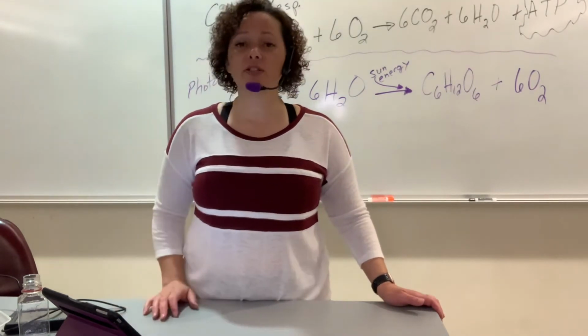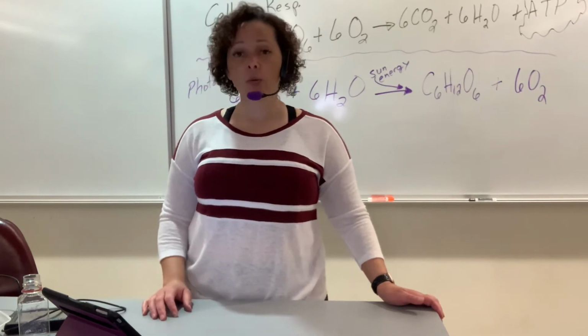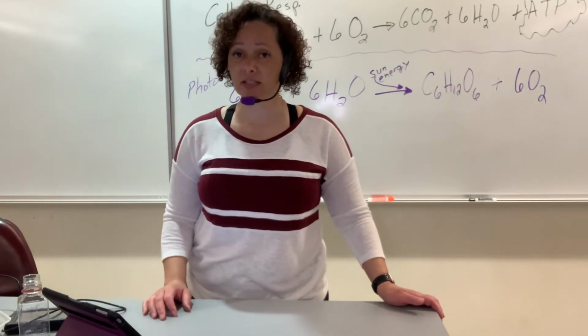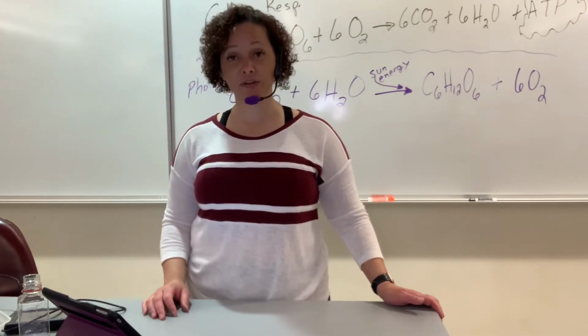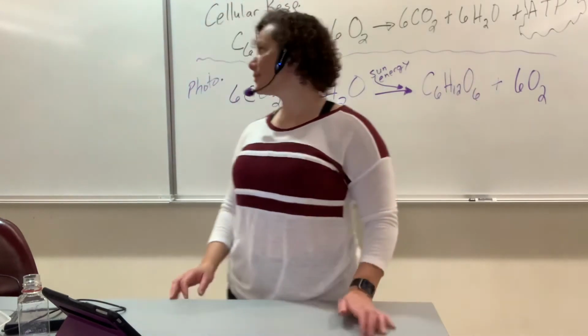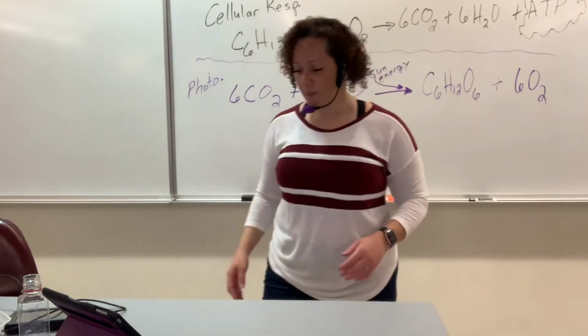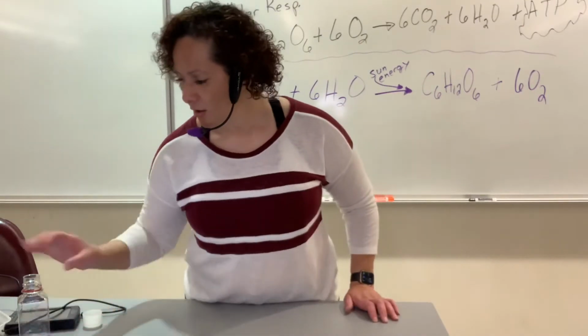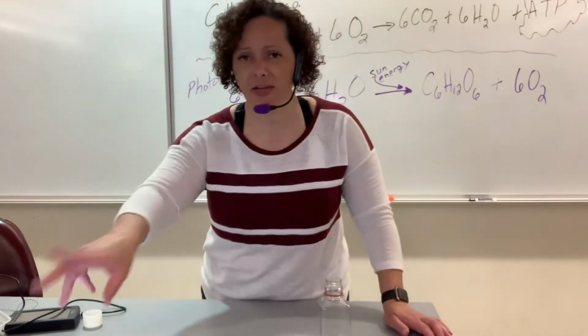Now, we're going to go ahead and expose our organisms to different conditions. We're going to expose our organisms to conditions of light and expose our organisms to conditions of dark, okay? And that's where the photosynthesis piece is going to come in. So, as we do that, first thing we're going to do, I don't care what the order on here says.